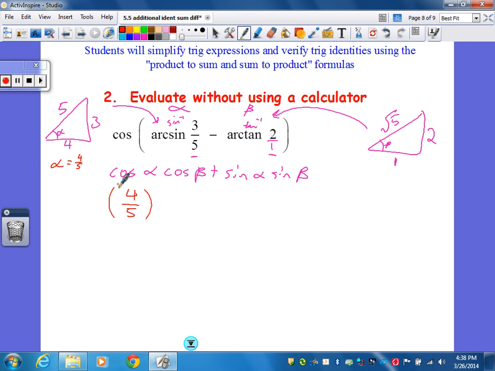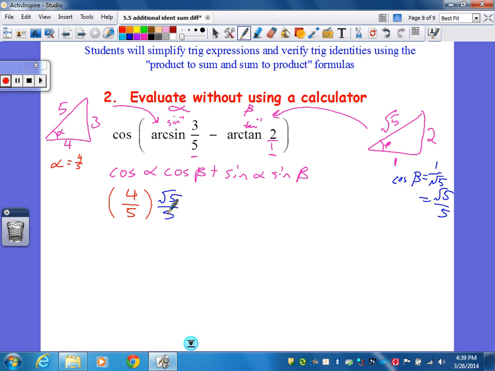And then cosine beta, we have to go to the other side. Cosine beta is equal to 1 over the square root of 5, which is the same as square root of 5 over 5. Okay, so I'm going to put that right in there.